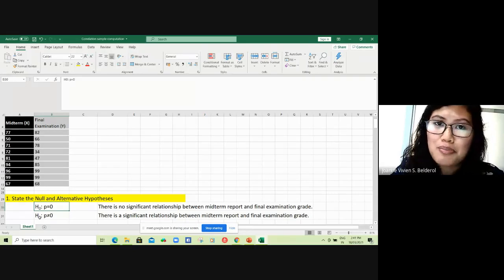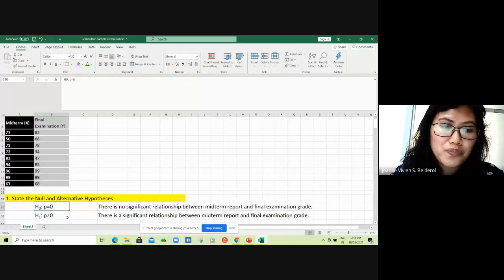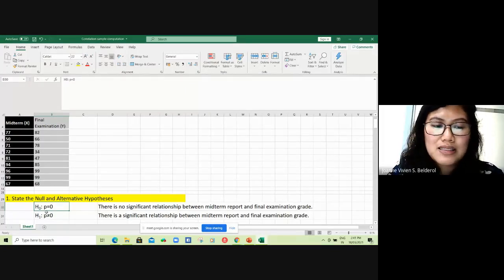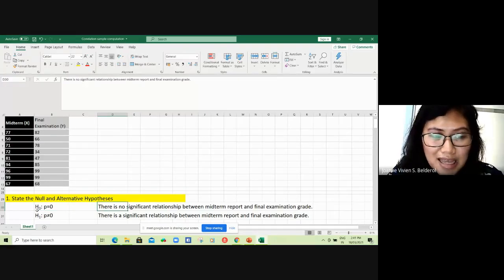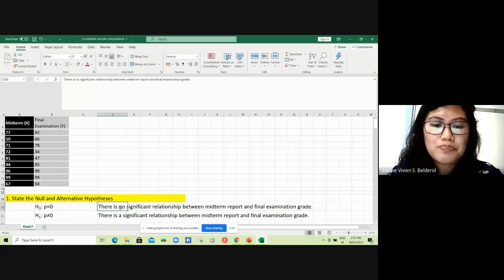So all of these are correlation problems. You just copy this one. Follow? And then, this is the symbol form for your hypothesis. This is the layman's term. So H0, in layman's terms, means there is no significant relationship between midterm report and final examination grade.